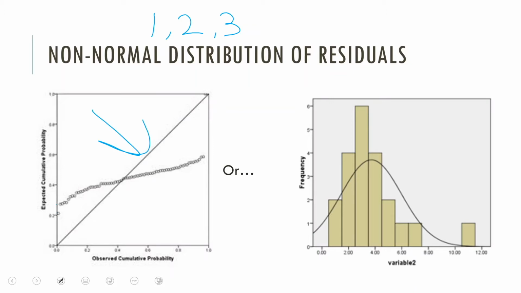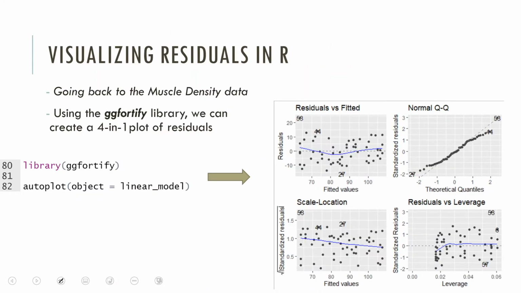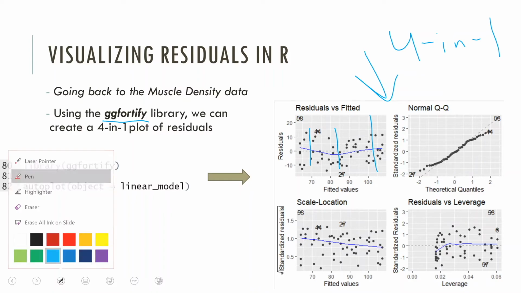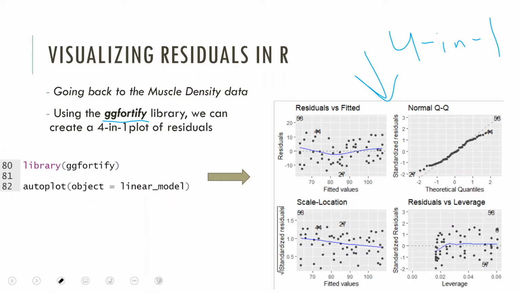Well, we've talked for a long time about what residuals are, but how do we make them in R? How do we see them? We should be familiar with it now, since we've worked with it in ANOVA, but we use the same ggFortify library. It gives us this 4-in-1 plot, which is what we're used to seeing in the ANOVA world, except with ANOVA we saw lines of residuals rather than the more spread out version.